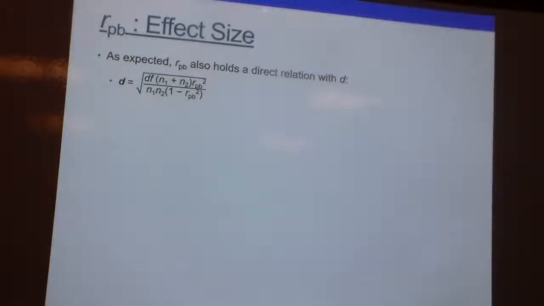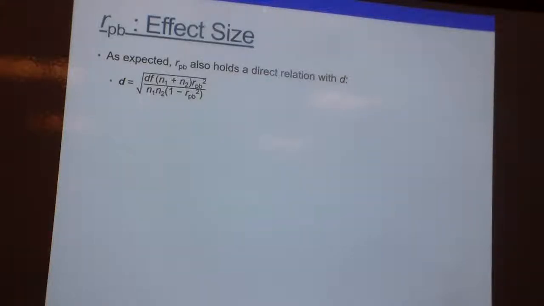Okay. Our effect size with point biserial has a direct relation with d. If I have a point biserial and I want to calculate a d with it, that's my formula, right? If I'm reading an article where someone's run a correlation coefficient between a dichotomous predictor and a continuous outcome, and I have another study, or my study, where I ran a t-test and have an effect size, and I want to see how their relation corresponds to my effect size, easy.